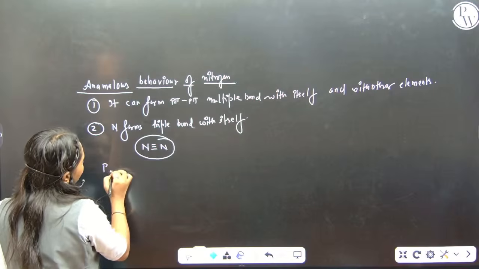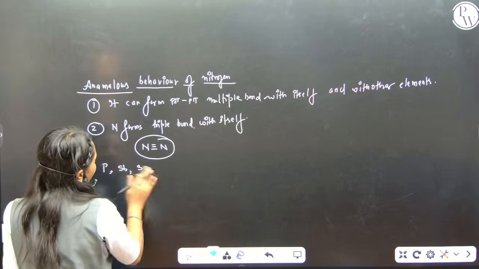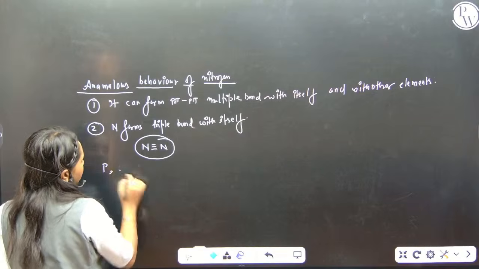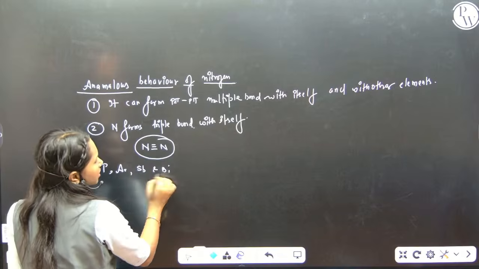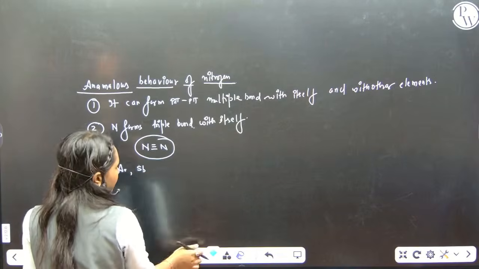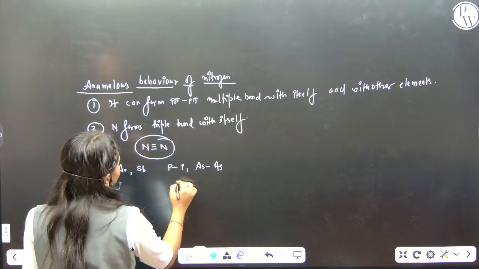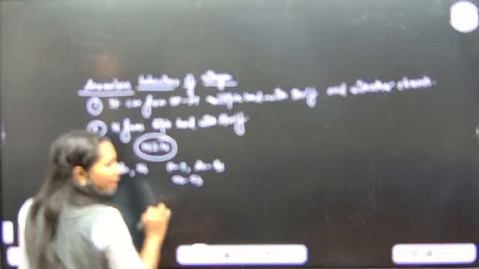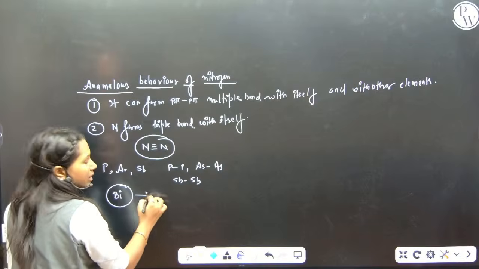Where are phosphorus, arsenic, antimony, and bismuth? They form single bonds. They exist as P4, As4, and Sb4, right? Bismuth forms a metallic bond, because bismuth is a metal.